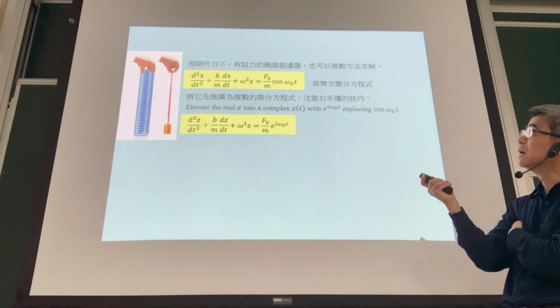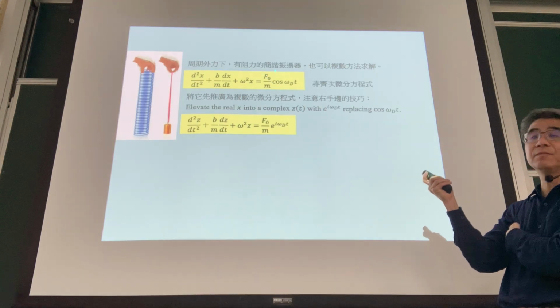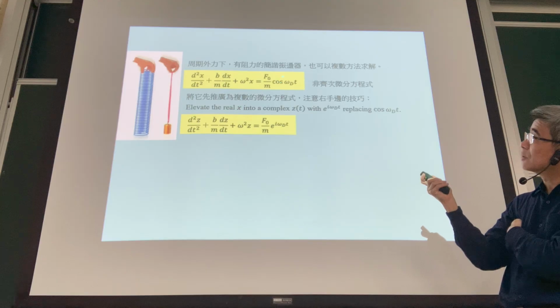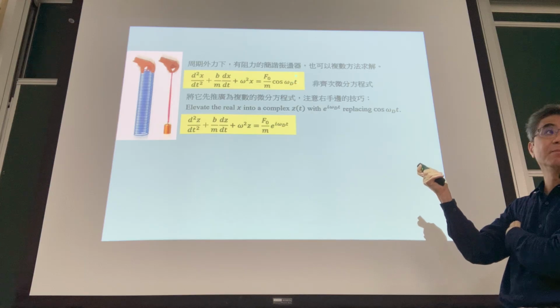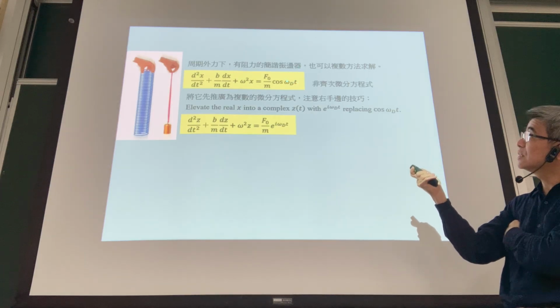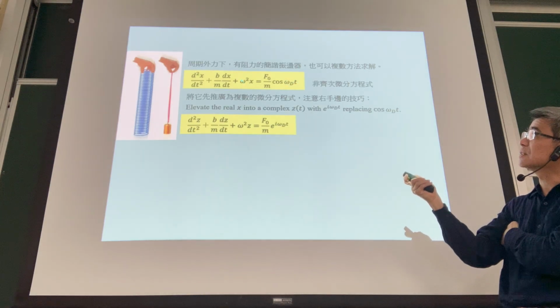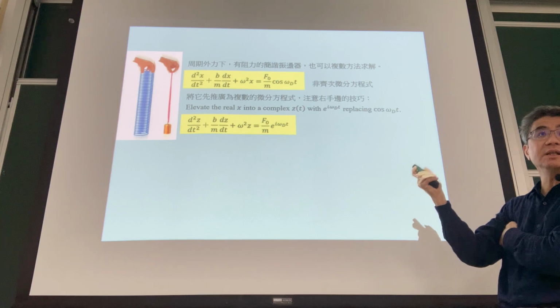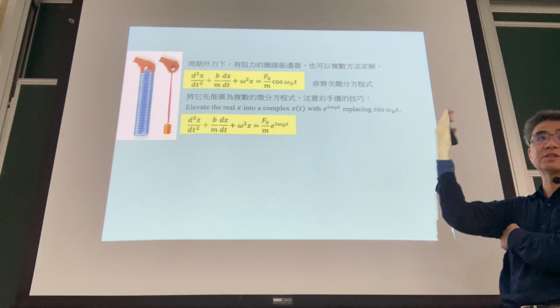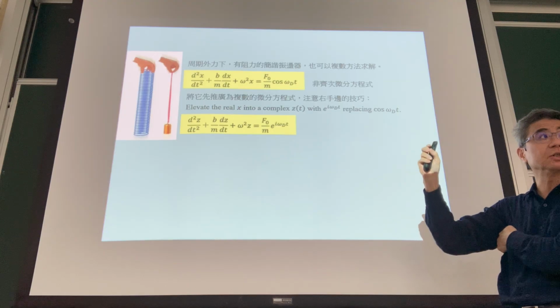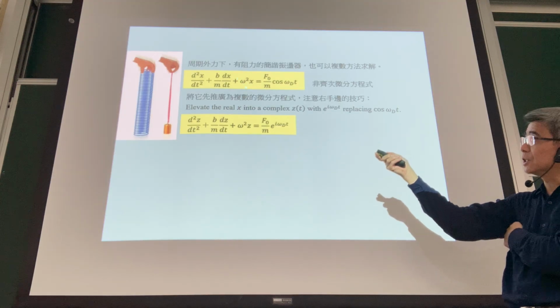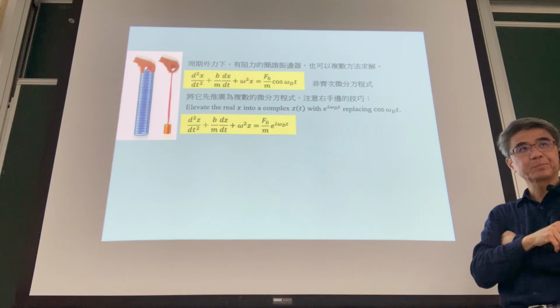For example, in the formulation I gave you, the right-hand side is written as f0 over m times cosine omega_d t. I remind you that this omega_d is not the same as omega. This omega_d is the frequency of the external force. That's a separate parameter I can adjust in addition to omega.